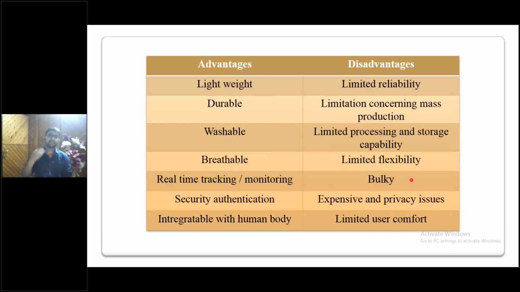If we are monitoring a patient and collecting real-time heartbeat, then SpO2 level, then hemoglobin level, and everything from a particular person, then obviously that person's privacy is in question. So privacy is an issue, and there is limited user comfort, because once you wear it, it looks good from outside, but from inside it is not that comfortable. But the challenge is to make it comfortable. That is where we'll use Fibretronics.